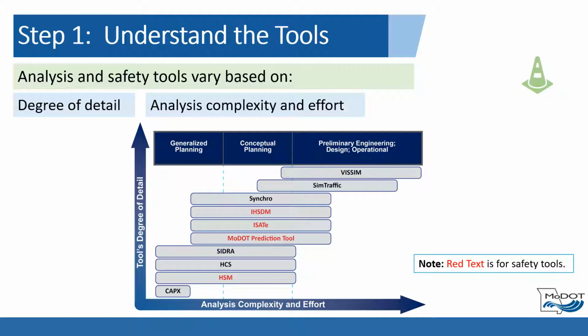The tools range from CapEx, providing the lowest level of detail for a project of low complexity or effort, to VISSIM, which can provide the highest level of detail for a project of high complexity or level of effort. CapEx is not included in detail in this module, but information can be found on FHWA's website.